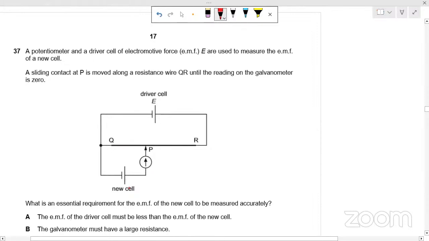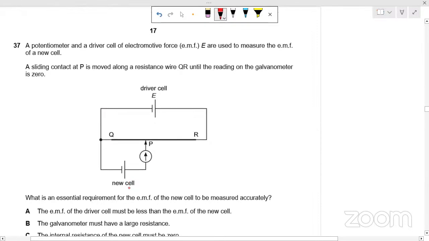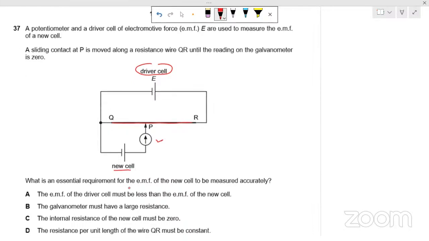The potentiometer and the driver cell. This is the driver cell, and this is the galvanometer. This is the new cell, and this is high resistance wire that is shown with a bold line. And these other portions of wire have zero resistance, negligible resistance.